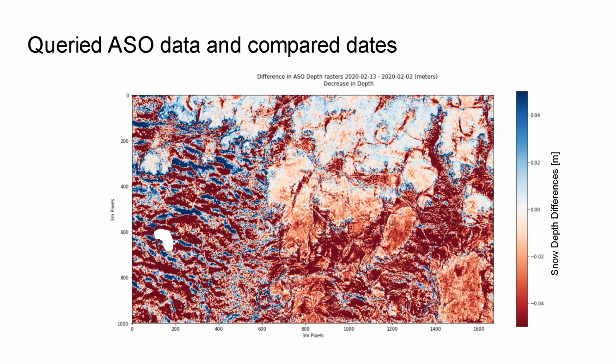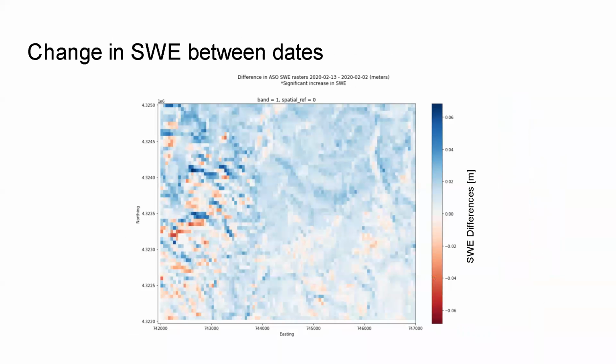And somewhat counterintuitively, according to the SWE product, SWE went up. That might have been because there was snow densification going on, and there were actually more SWE inputs during that period. But it was a nice place for us to imagine what the trends were and how the winter snowpack was evolving.